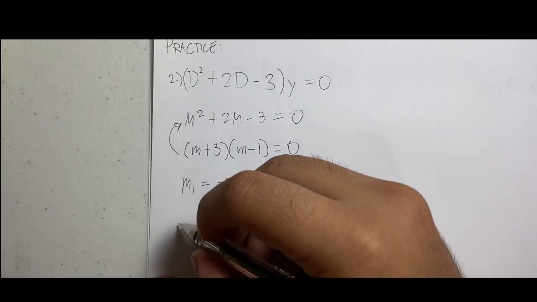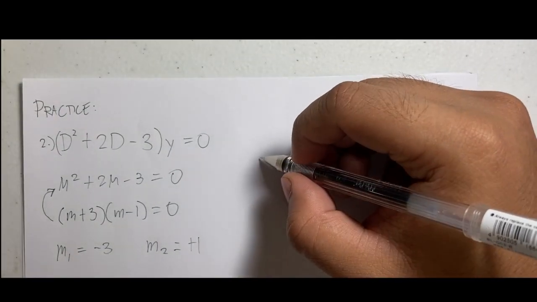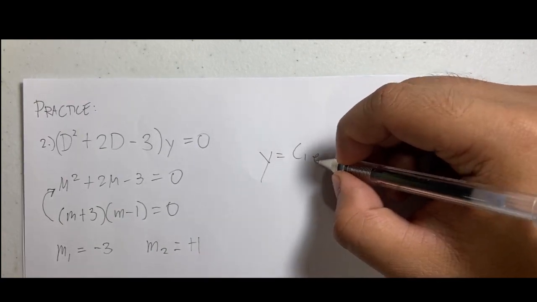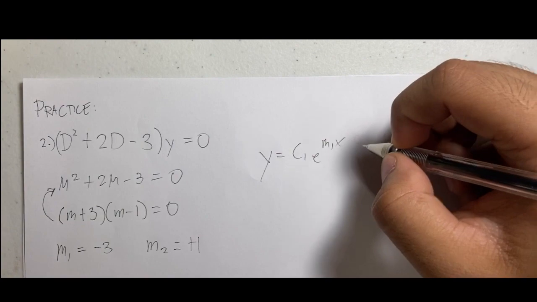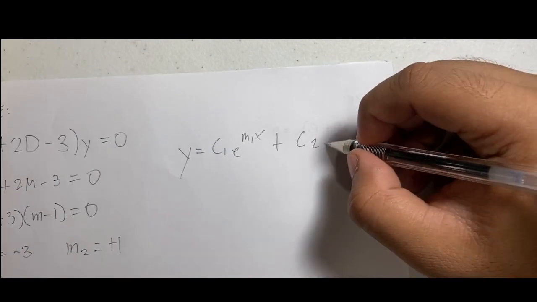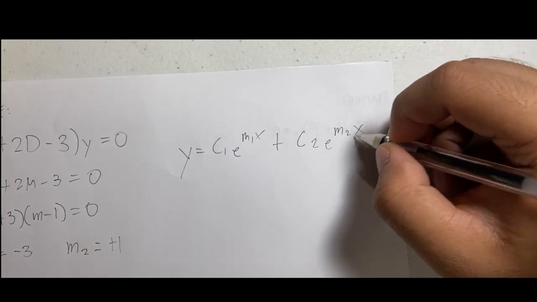Now, rewriting it into our general formula, which is y equals c1 e^(m1 x) plus c2 e^(m2 x).